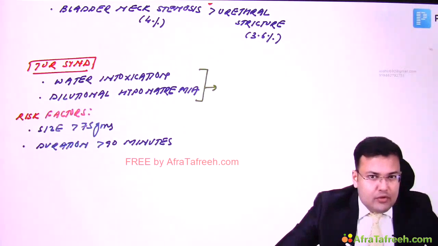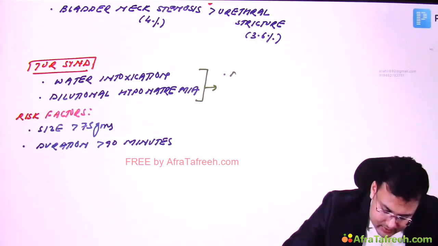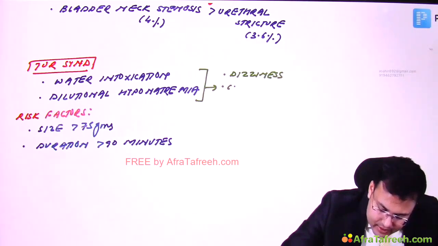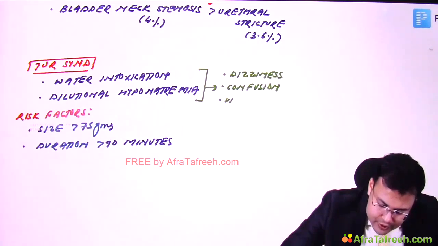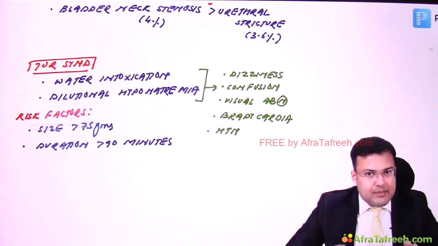Because of fluid overload and hyponatremia, there is dizziness, confusion, visual abnormalities, bradycardia and hypertension. There is fluid overload, so there is hypertension.